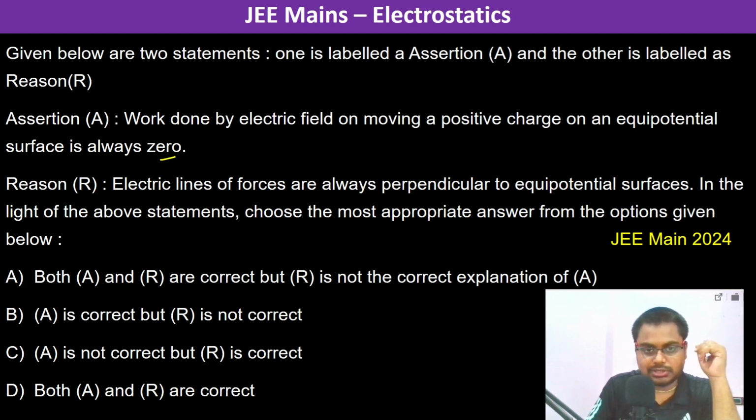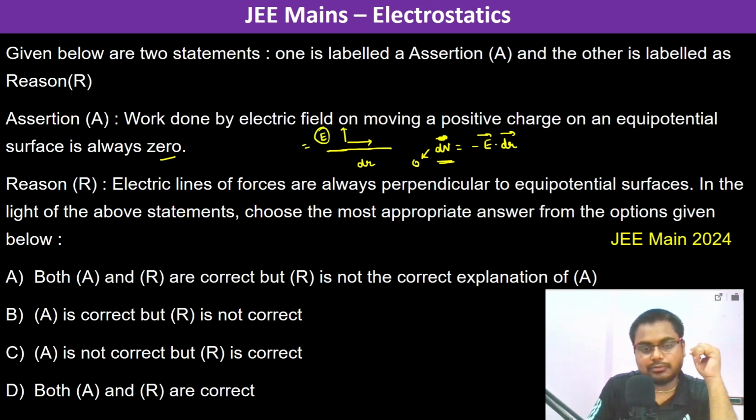If this is the equipotential surface, we have dV is equal to minus E dot dr. dV is a scalar quantity. Now dV is going to be 0. If this is the dr, then the electric field is going to be in this direction.